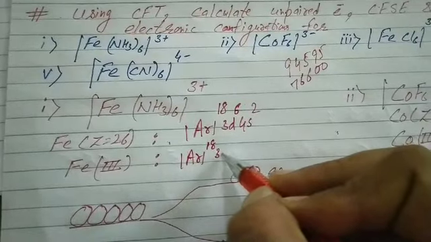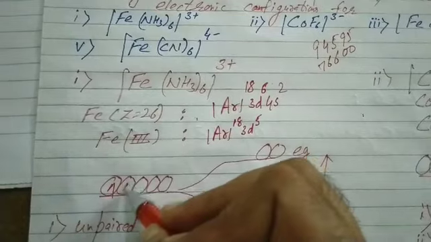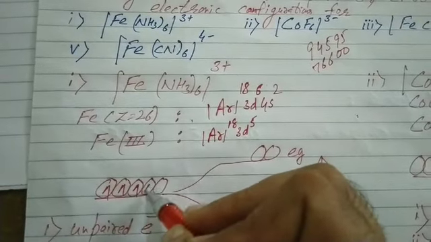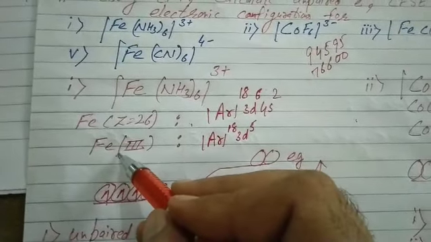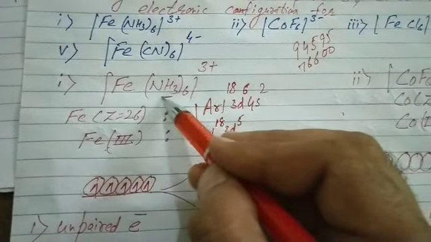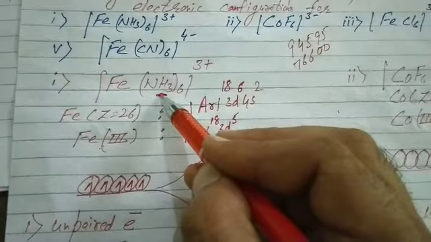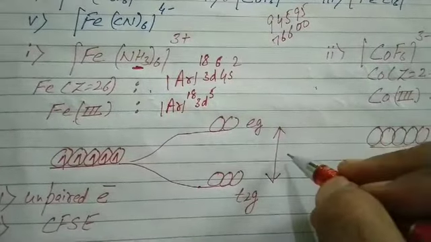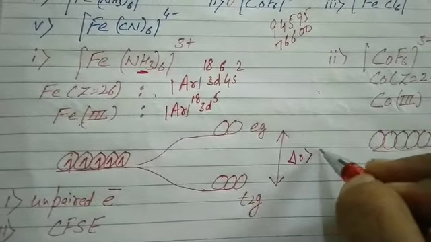Argon 18 3d5, because the number of electrons in the metal ion in the 3+ oxidation state is d5. Students, it is clear it is a strong field ligand, so the condition is delta naught is more than P.